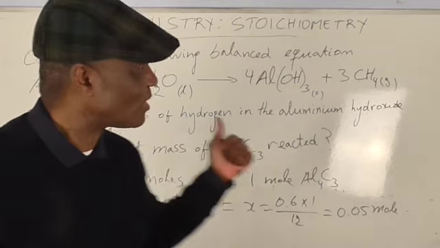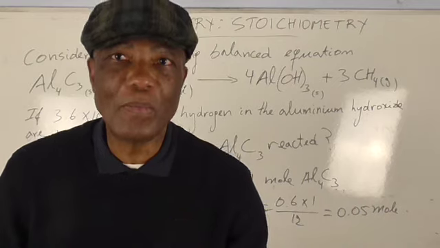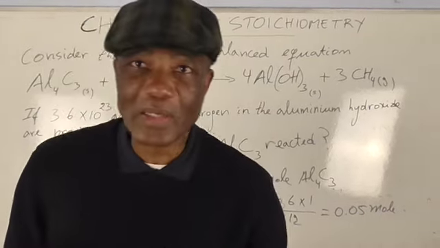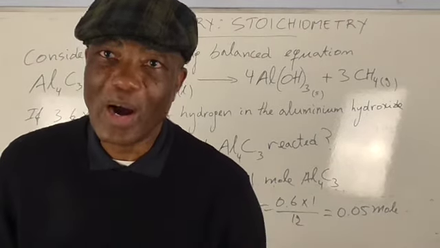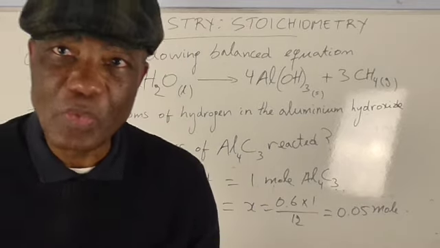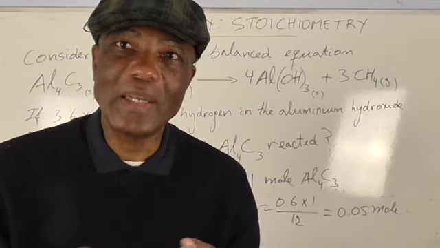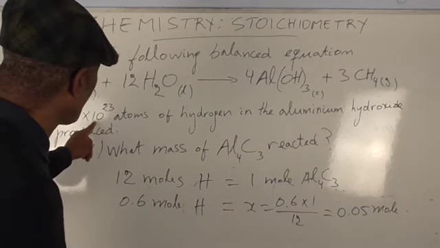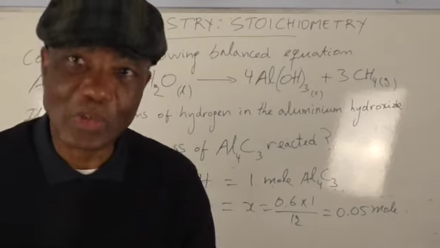We are going to use 0.05 mole of aluminium carbide to calculate the corresponding mass of aluminium carbide that was necessary to produce 3.6 multiplied by 10 to the power 23 atoms of hydrogen.